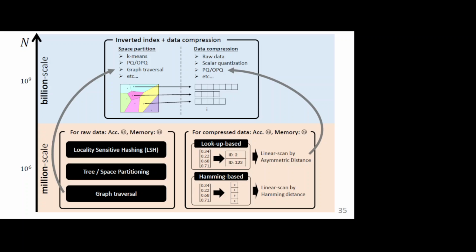If your memory is insufficient, maybe you have to consider compressing your data. There are some techniques that use a lookup table, some quantization technique, or transform the data into binary code and compute the Hamming distance. For this compressed data, the accuracy is not good enough compared with the index structures, but the memory consumption is much less.